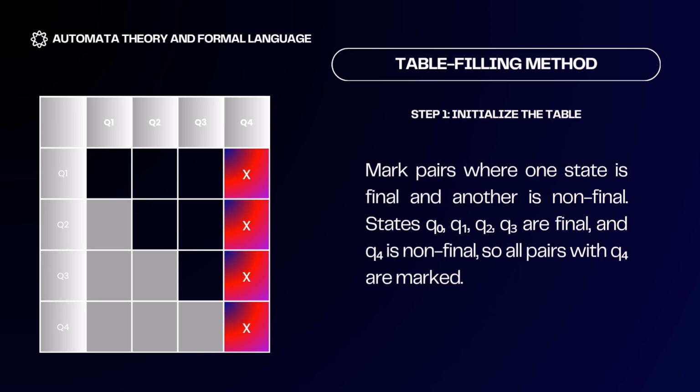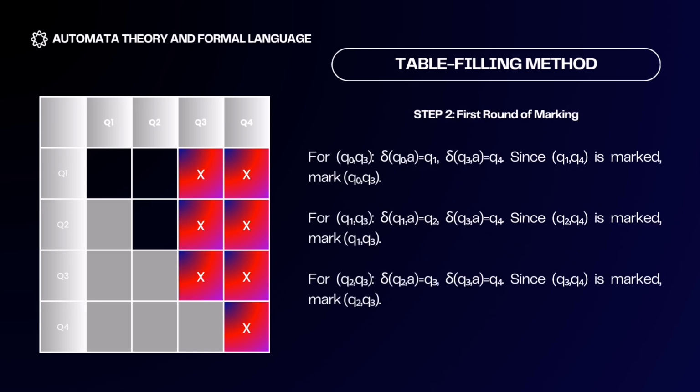So we will be marking the pairs where one state is final and another is non-final. We have Q0, Q1, Q2, and Q3 which are final, and Q4 which is non-final, so all pairs with Q4 are marked with X. Step 2, first round of marking. For Q0, Q3, from Q0, input A is equal to Q1. From Q3, input A is equal to Q4.